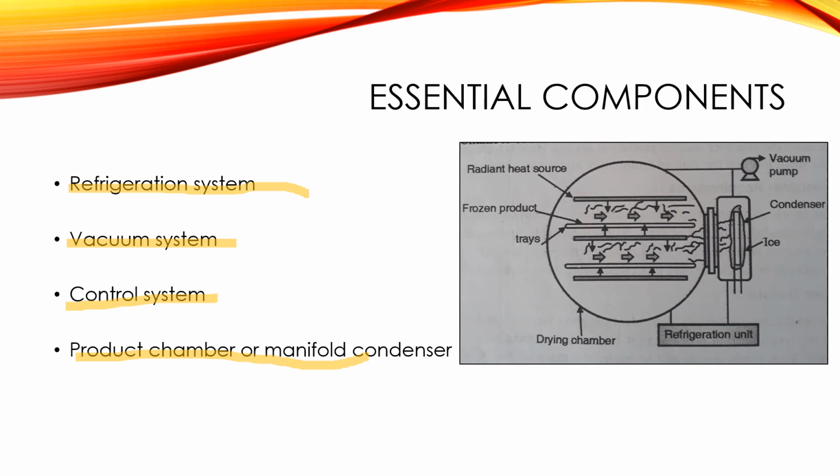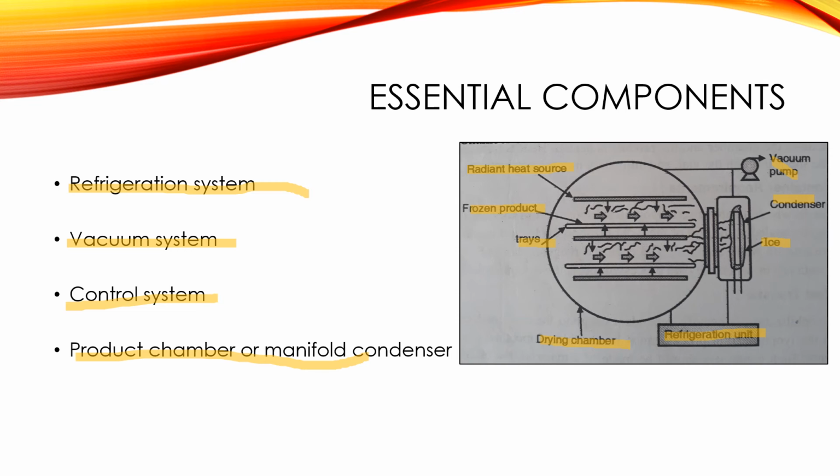The radiant heat source, the frozen product, the different trays, the drying chamber, refrigeration unit, the ice condenser, and the vacuum pump. So these are the essential components of every freeze dryer equipment.